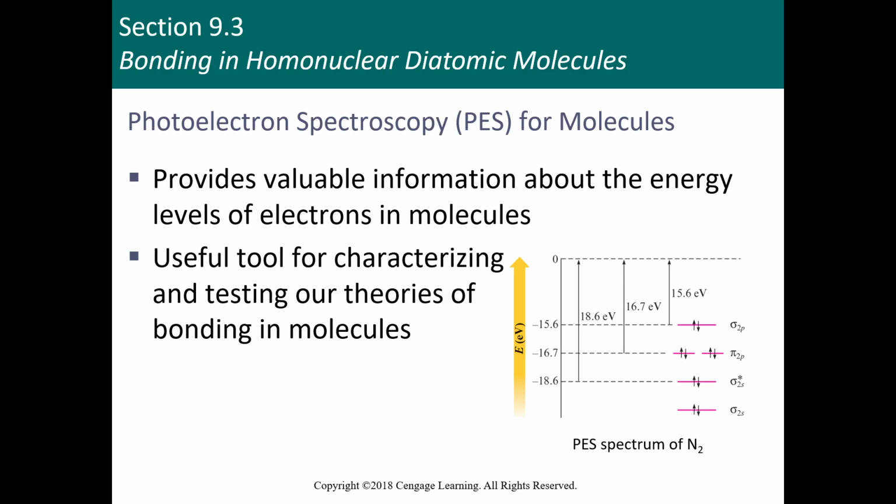Here is photoelectron spectroscopy, PES, for molecules. An interesting side note is this is one of those things like PIN number. Everybody says PIN number, right? Or CAT scan. People always say PES spectroscopy, and the last word in the abbreviation is spectroscopy, so it's idiotic.